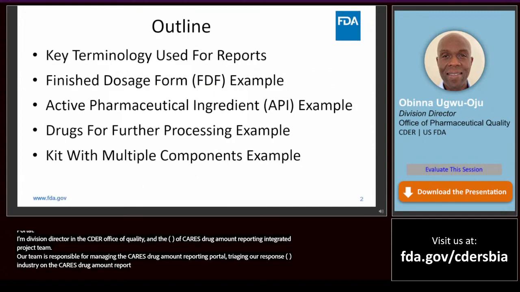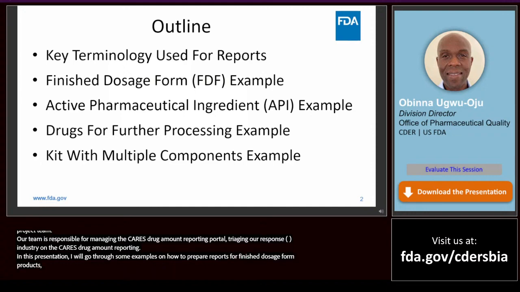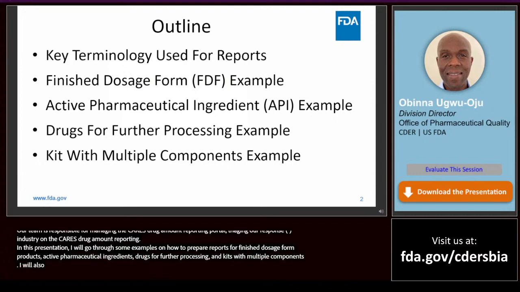In this presentation, I will go over some examples on how to prepare reports for finished dosage form products, active pharmaceutical ingredients, drugs for further processing, and kits with multiple components. I will also describe key terminologies referenced in the slides.